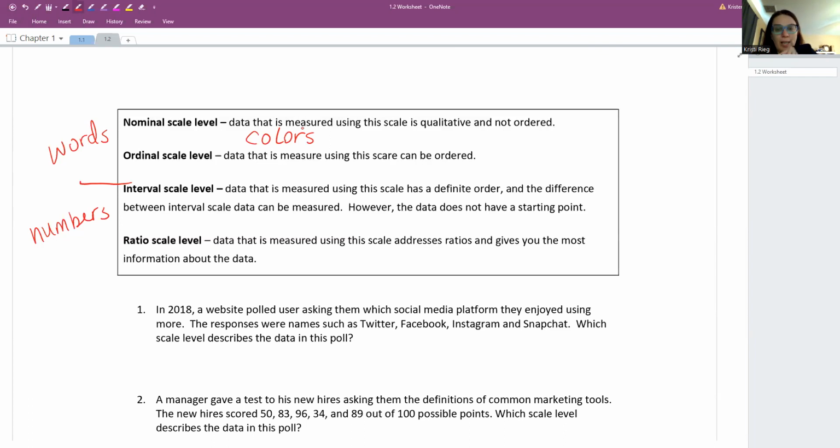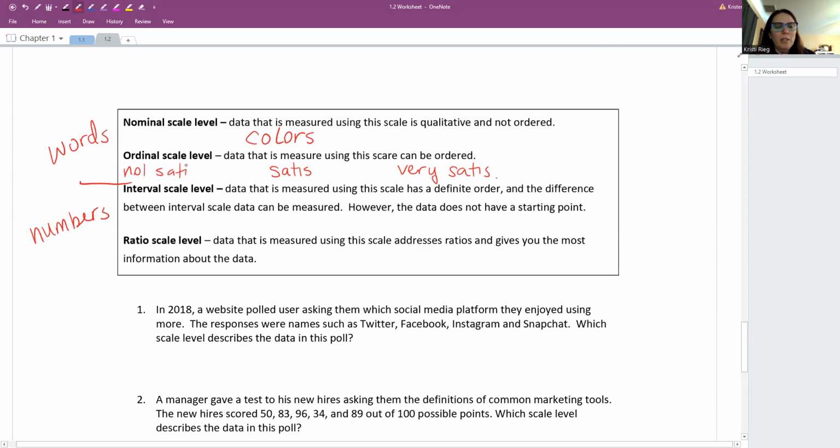However, we do have words that can be ordered. So for example, say I went to a restaurant and there's a survey that says, rate the quality of food. It would say something like satisfactory in the middle, then very satisfied, and then not satisfied.